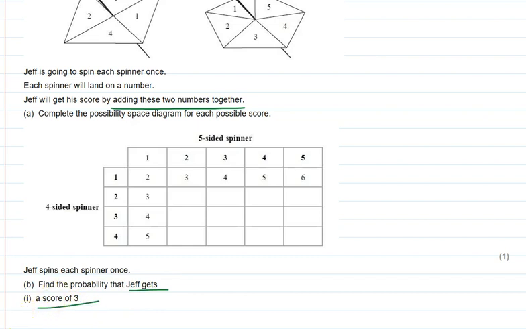So let's do it. So if you see here, 1 plus 1 is 2, 1 plus 2 is 3. So similarly, if we fill this table, 2 and 2 becomes 4, yeah, and 3 and 2 becomes 5, and this will be 6.